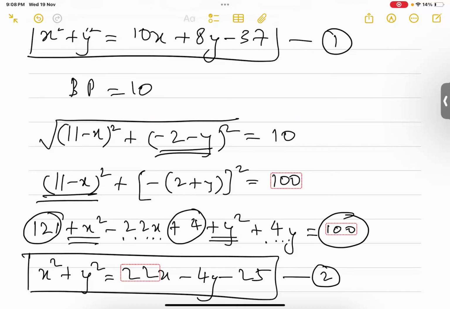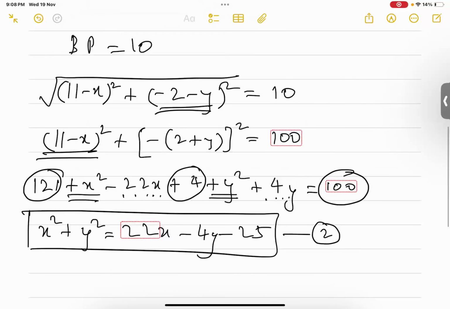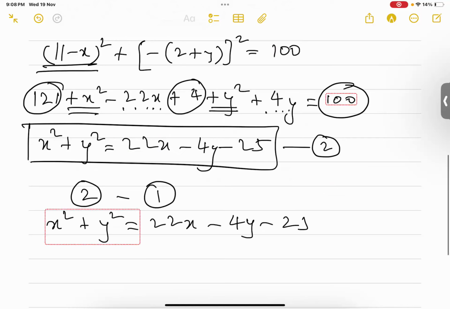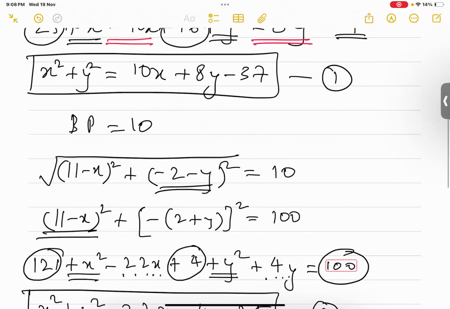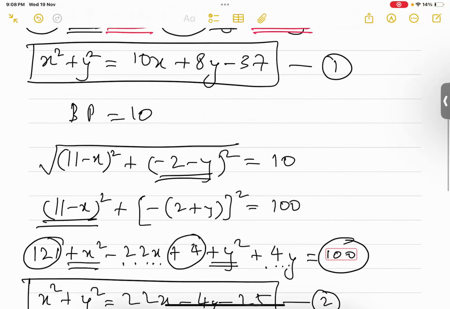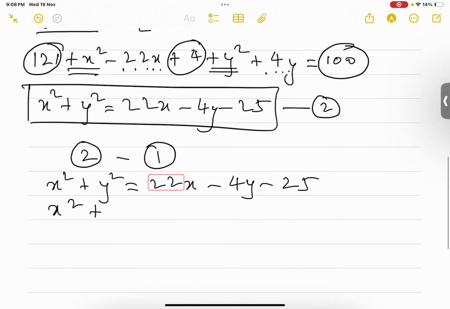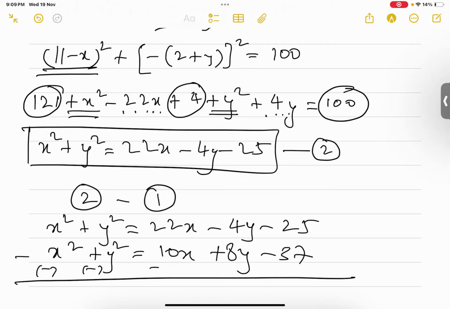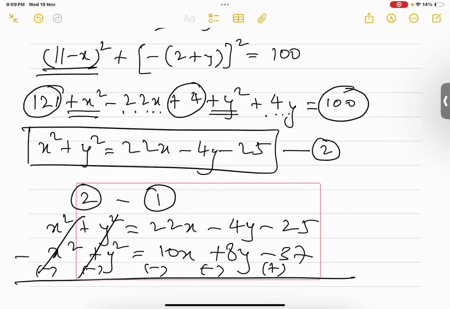Now what I will do is subtract both the equations. I'm solving simultaneously, 2 minus 1. So x square plus y square is equal to 22x minus 4y minus 25, and x square plus y square is equal to 10x plus 8y minus 37. So I'm subtracting this, and this and this is gone, so this is 0.